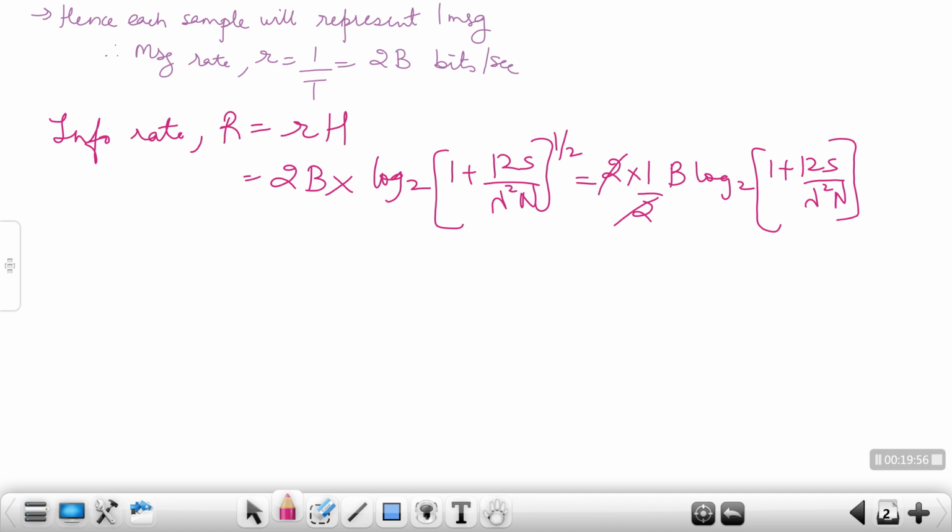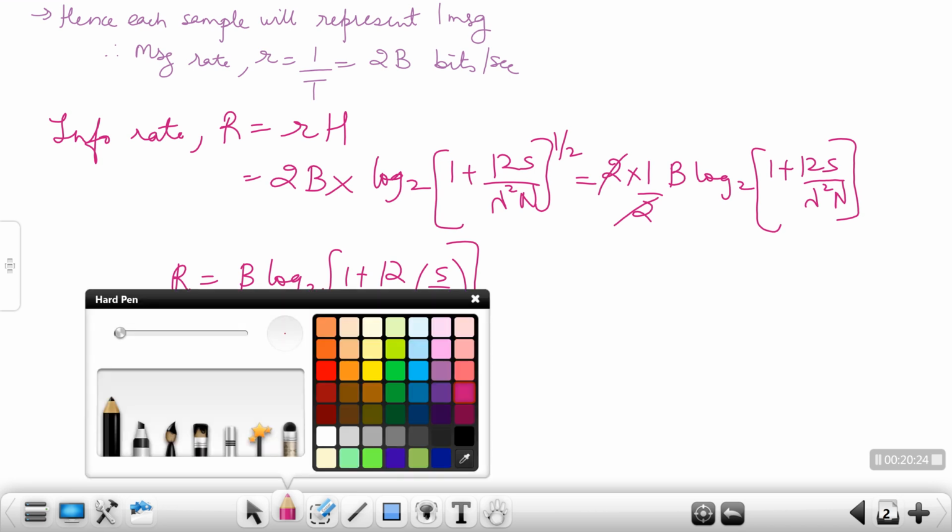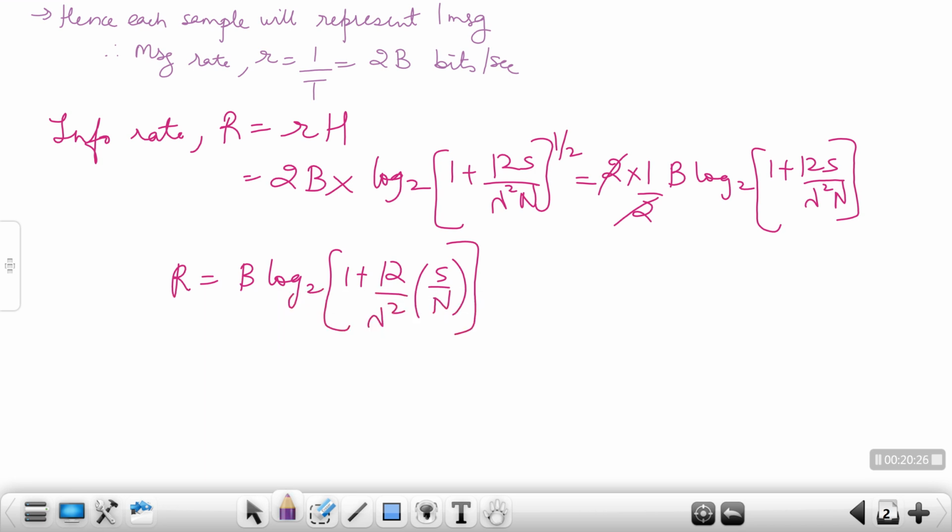So finally I can write R equals B log to the base 2 of 1 plus 12S upon lambda square N. Now, by taking necessary precautions to ensure that the channel is just able to allow transmission with acceptable probability of error, we can say that R is approximately equal to C.